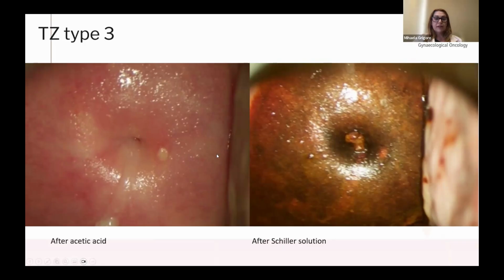So this is a typical case of a type 3 transformation zone. And usually we find this type of transformation zone during menopause or after a procedure on the cervix. After conization, for example, we can have this type 3 transformation zone.